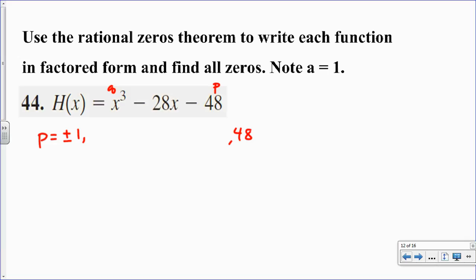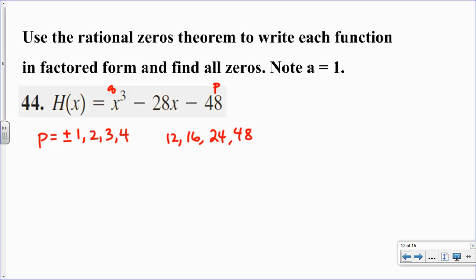Okay, then after 1, does 2 go into 48? Yep, so 2 and 24. What about 3? Yes, 3 and 16. Okay, what about 4? 4 and 12.